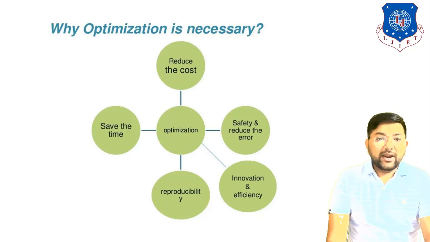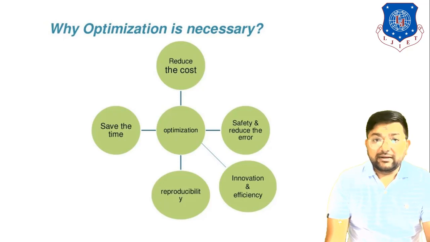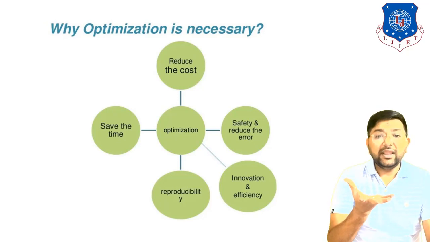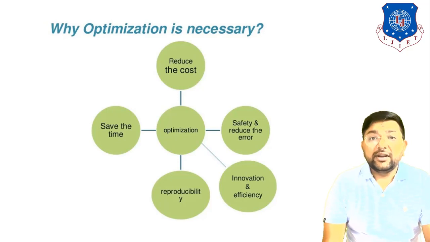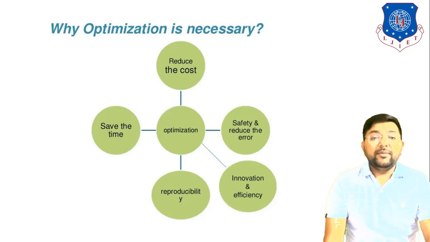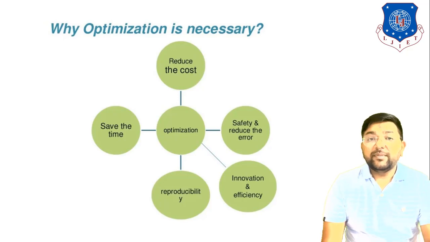Next, safety and reduced error: using optimization we consider all the parameters, and from these we can increase safety and also reduce the error during the optimization procedure. Next, reproducibility is also one parameter of optimization techniques.